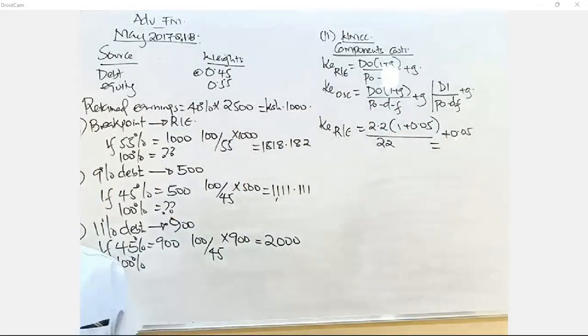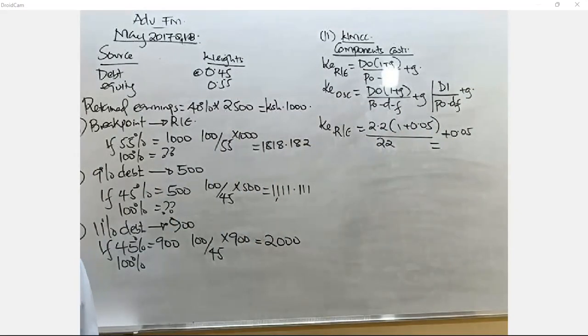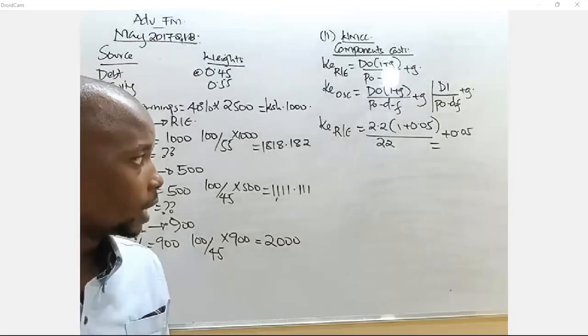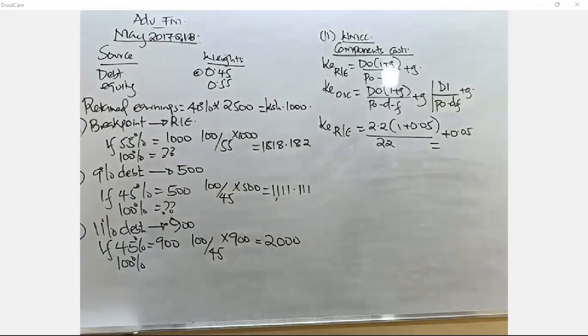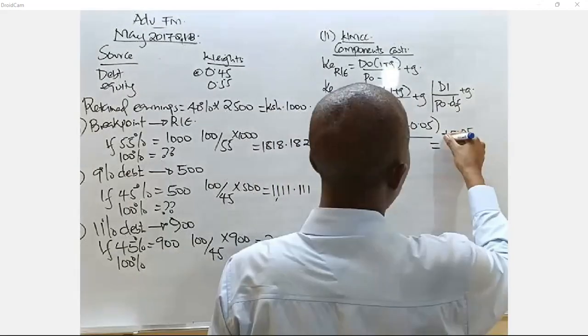The new shares can be sold at a flotation cost of 10% of the issue price, so we don't have that here. So I just take 2.2 multiplied by 1.05, getting 2.31. You divide by 22 plus 0.05, getting 15.5%. This should be 15.5%.